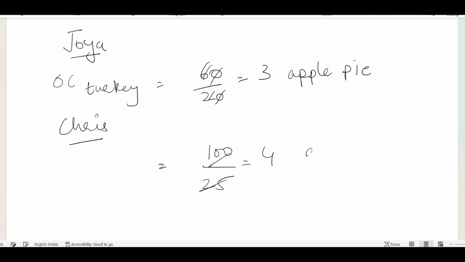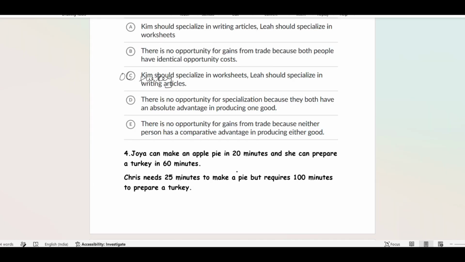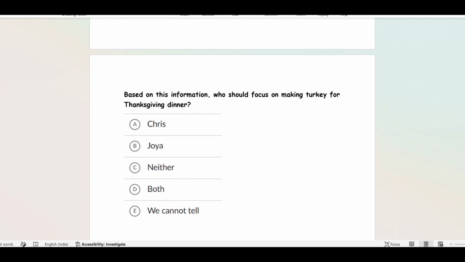That gives us 4 apple pie. Since Joya has lower opportunity cost in turkey as compared to Chris, 3 is less than 4, that is why Joya will be specializing in turkey. Do you understand? So it would be option B.